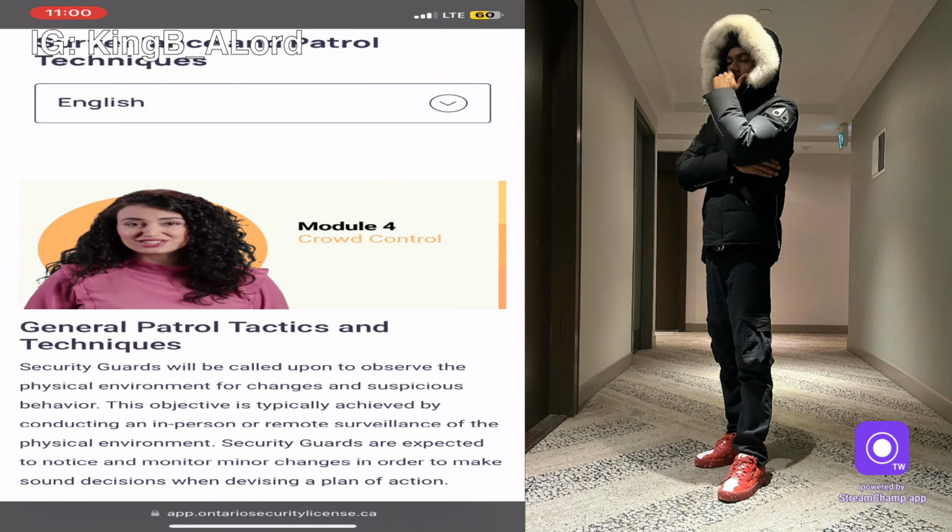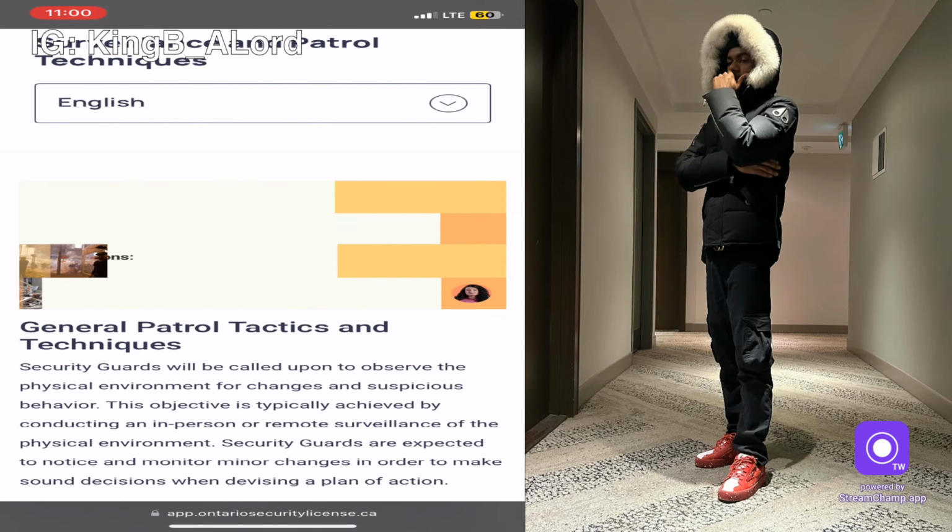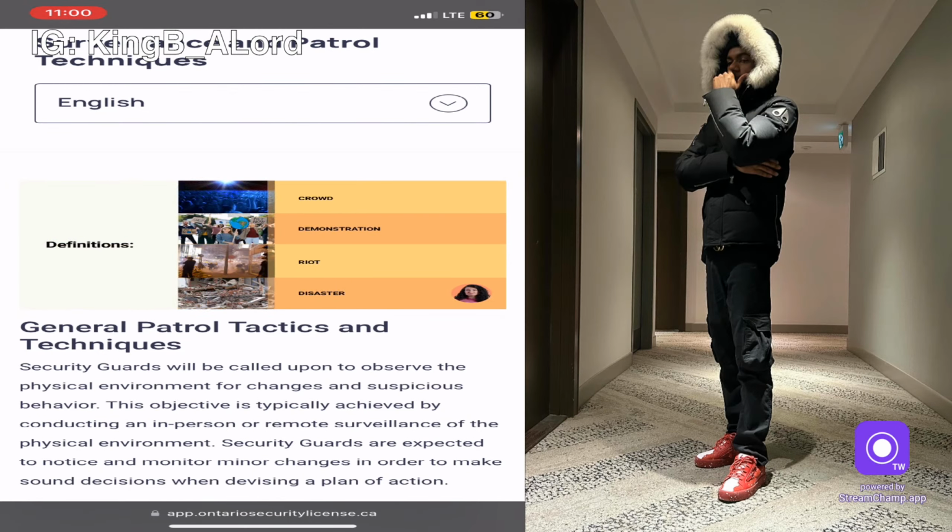In this next section, we'll take a look at crowd control. Definitions. Crowd: a concentration of people whose presence or anticipated behavior is such that it requires preventative measures for the maintenance of order. Demonstration: a crowd that is exhibiting sympathy for authority, or vocalizing or gathering against some political, economic, or social condition.